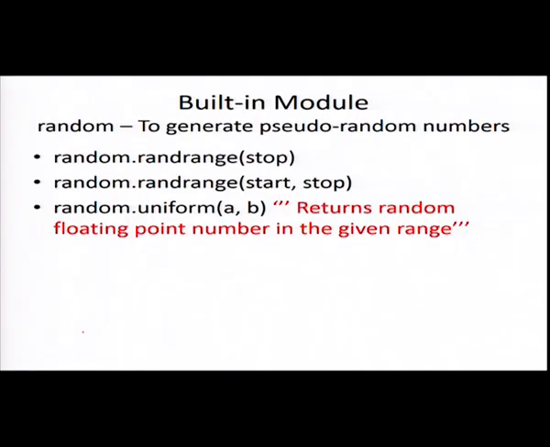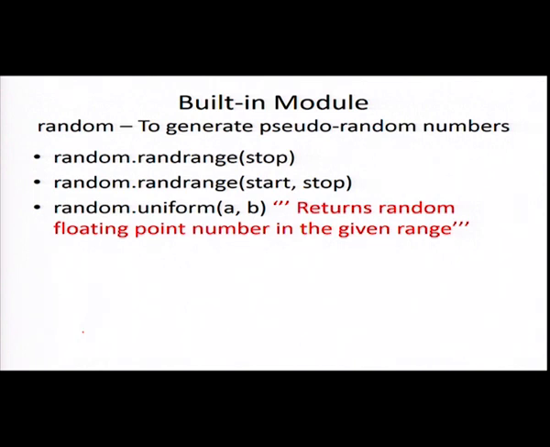Now let us see the second built-in module, random. What is random? It generates pseudo random numbers. Pseudo denotes false, so these are not truly random numbers. To generate pseudo random numbers, we use the random built-in module.